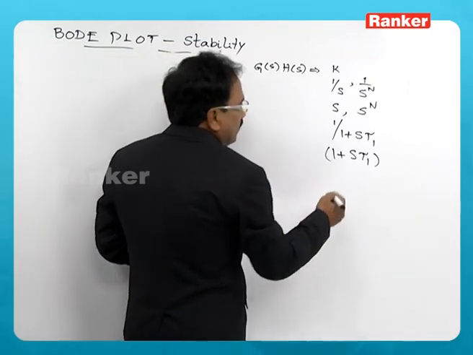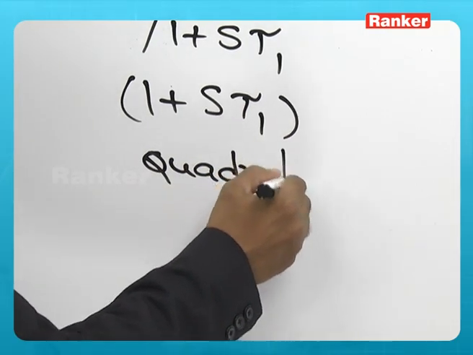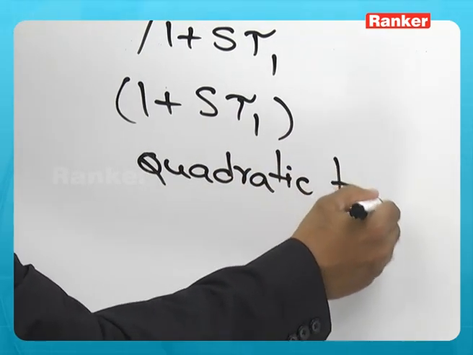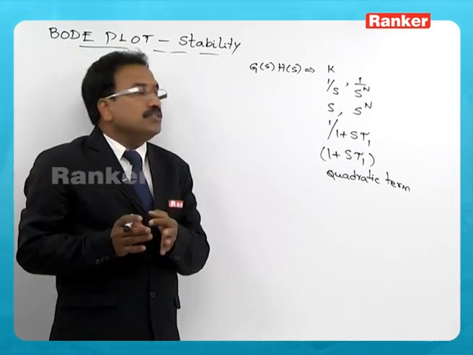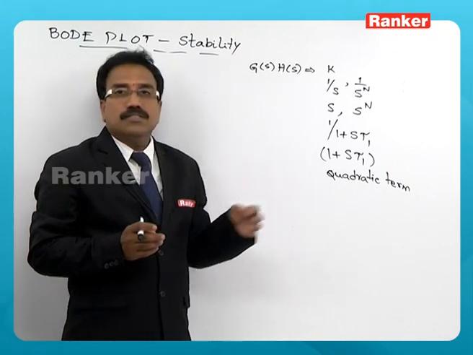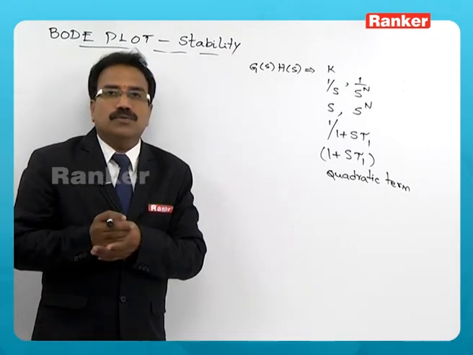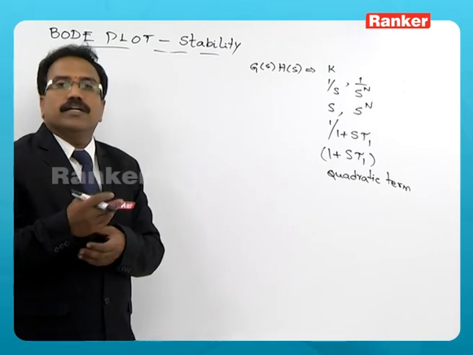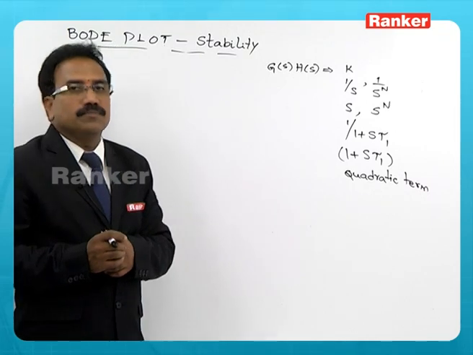There may be a second order term also, that is generally called as a quadratic term. So, a given loop transfer function consists of several such terms, constant, then poles and zeros at origin and at non-zero location also, and there may be a quadratic term.